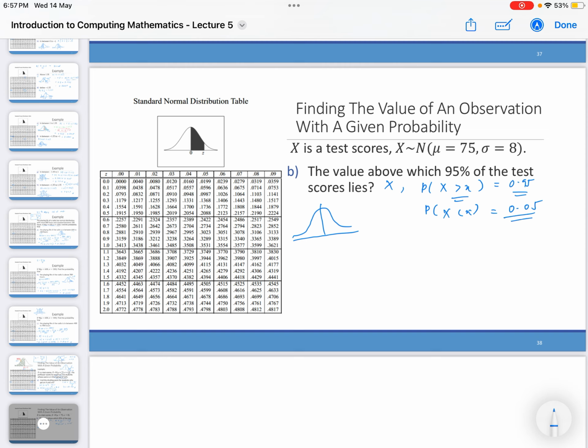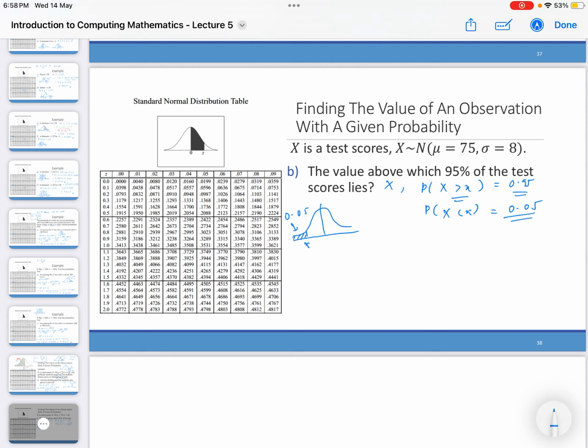So this is a small value, on the left side of the mean. This is the X such that the probability of less than X is 0.05. Since this is on the left side, it will be negative.